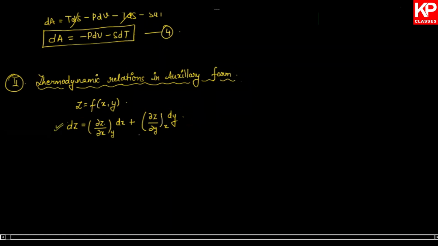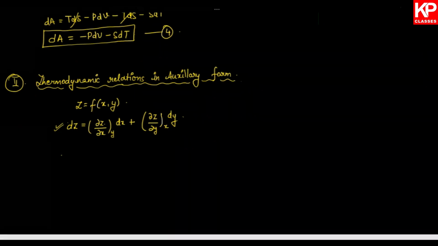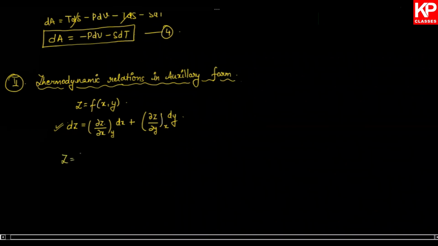Okay, so this is what you will be obtaining. We have already seen in our last-to-last class that if a function is given like z = f(x, y), for such a function to be a state function, the relation is: the double differentiation of z taking x first and y second, ∂²z/∂x∂y, should be equal to ∂²z/∂y∂x.